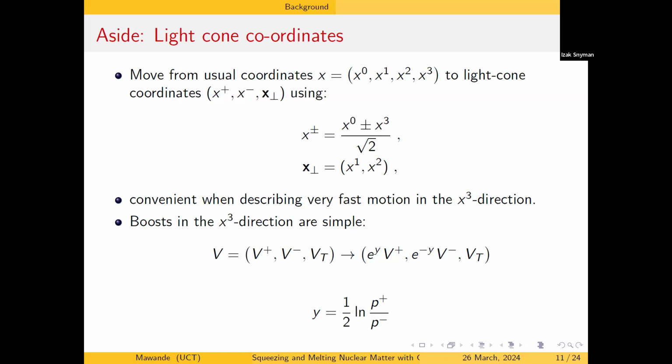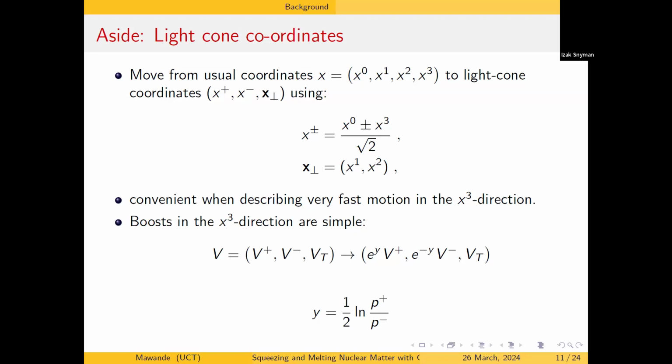Okay. What's nice about this is that if you try to work out relativistic boosts in the Z direction, you have to find out how some vector quantity looks when you're speeding it up. Then you just get an enhancement by the rapidity, P plus times e to the rapidity, of the plus component, and a suppression of the minus component.